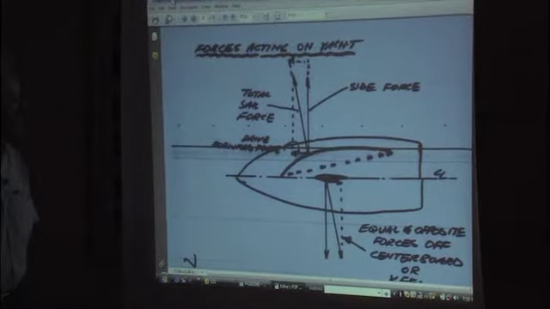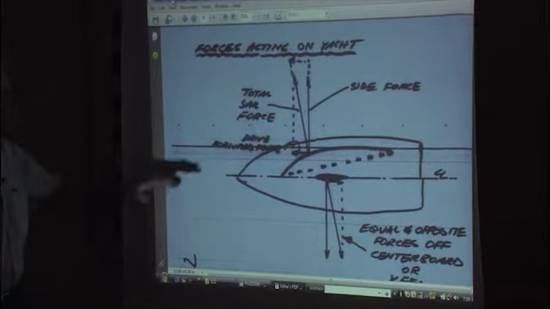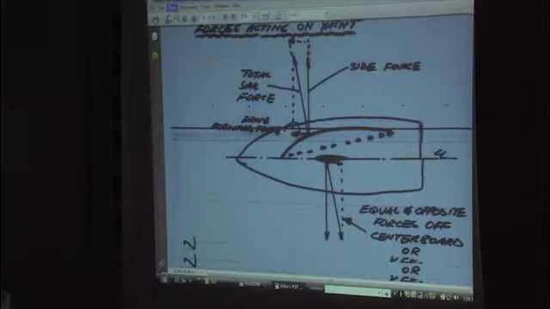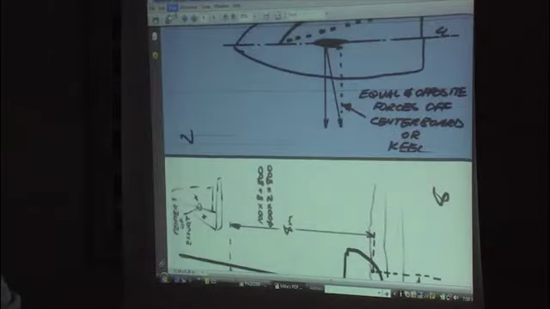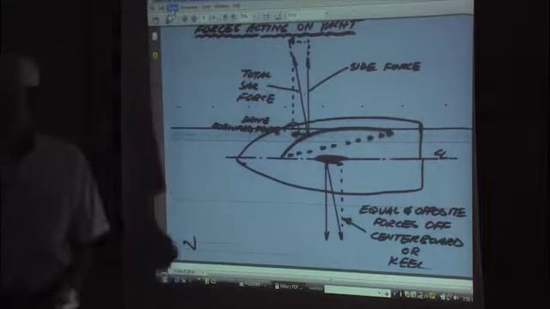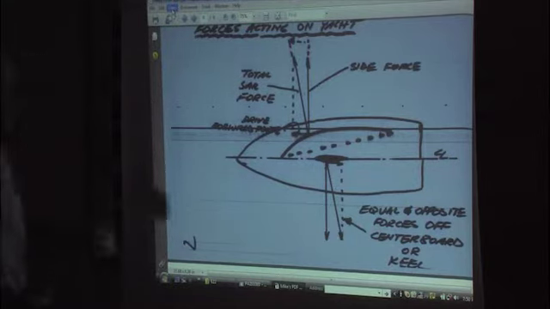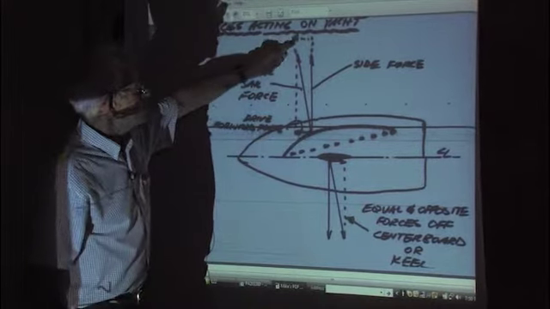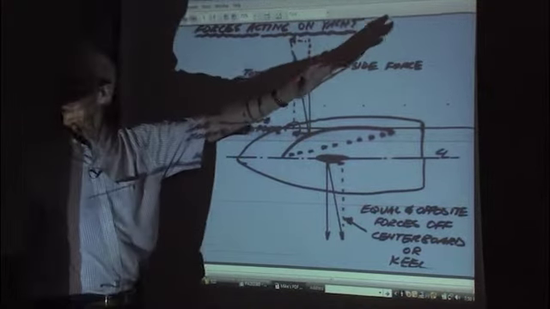And so what happens as soon as the boat starts to move, it's not actually drawn on this, but you've got to believe me. As soon as the boat starts to move, it's accelerating because this driving force hasn't built up any drag yet.